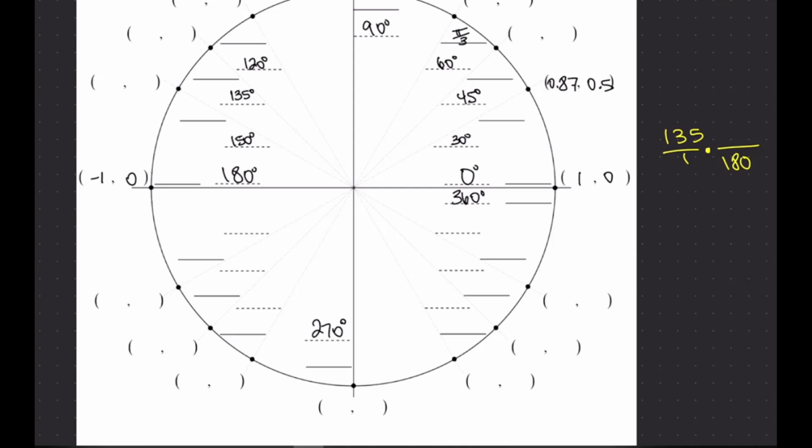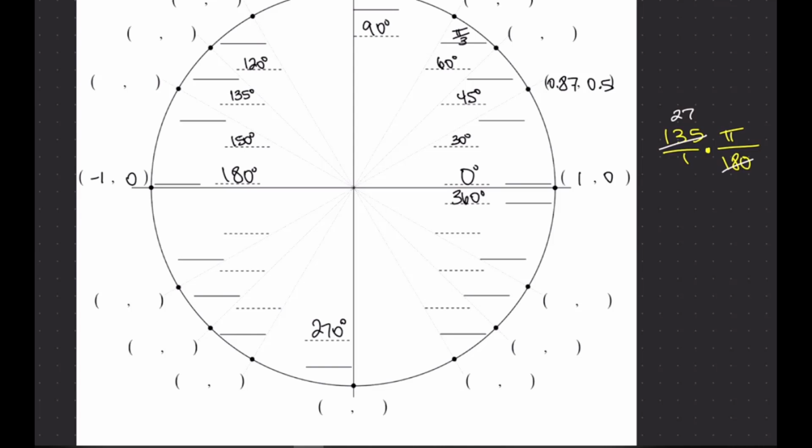So my degrees cancel out, then I got pi on top. So how can I simplify 135 and 180? Anything go into both of those? 5. 5's going to go into 135, what, 27 times?